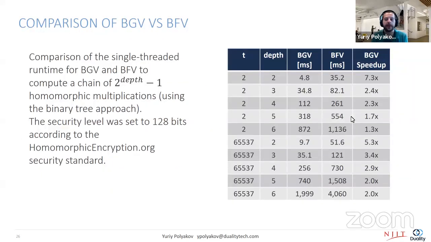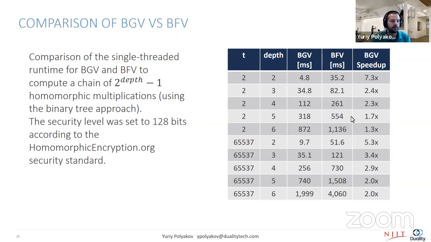So this is, in my opinion, an interesting result. I think it's relatively trivial when you have both BGV and BFV available. This particular table compares the runtimes for BGV and BFV in PALISADE, both RNS variants, for a computation that is a chain of 2 to the power of d minus 1 homomorphic multiplications.